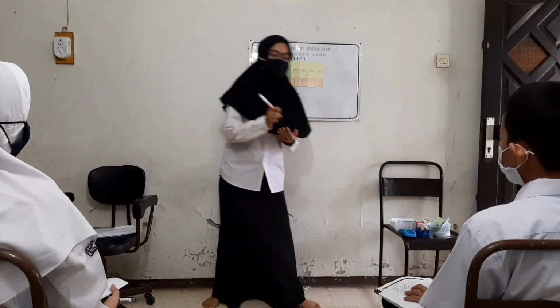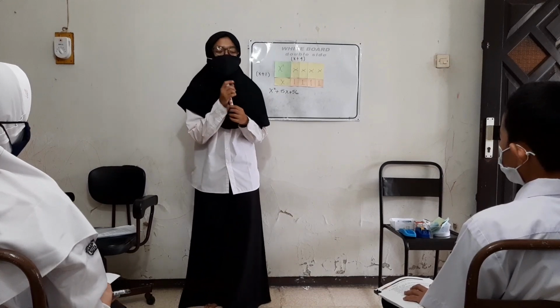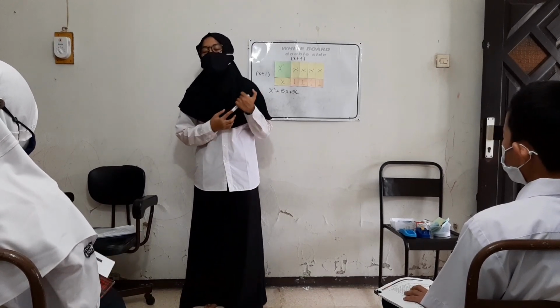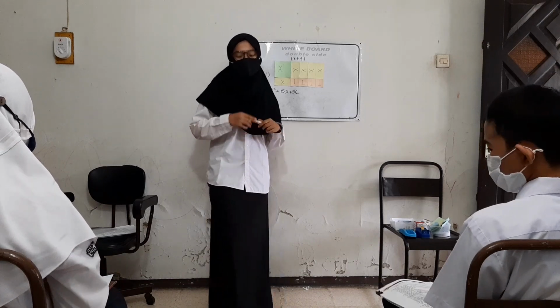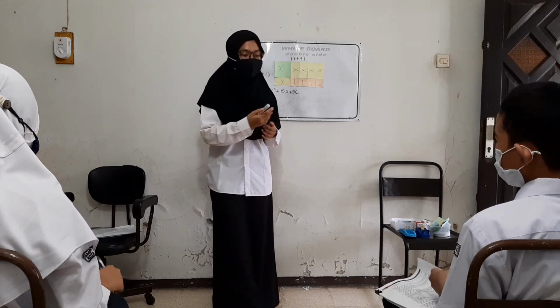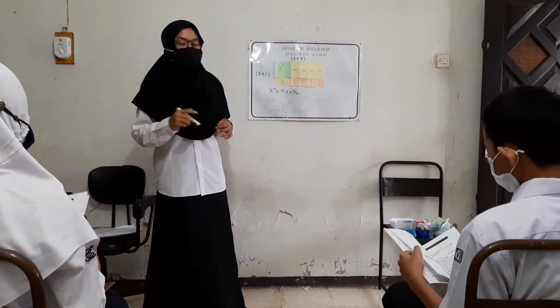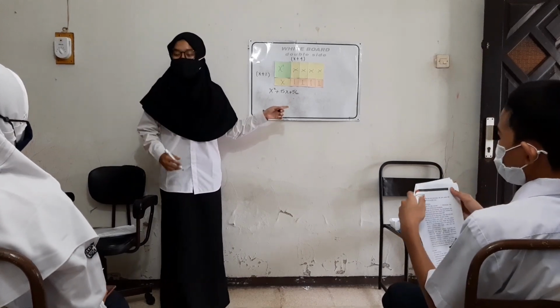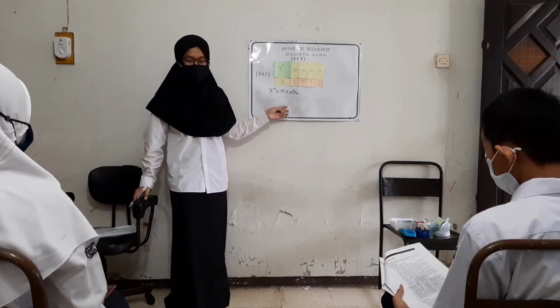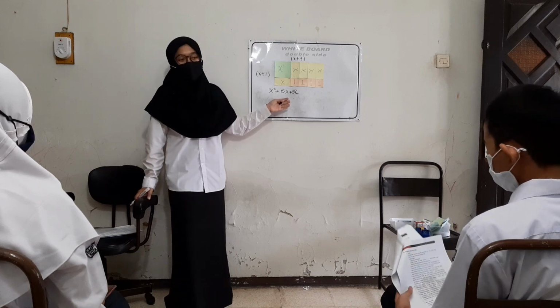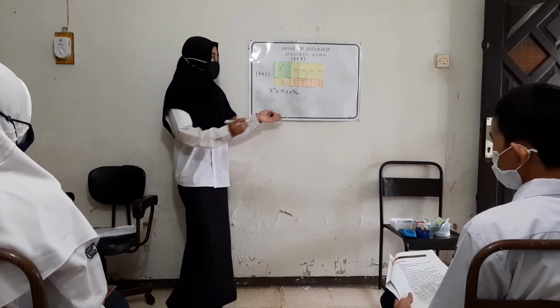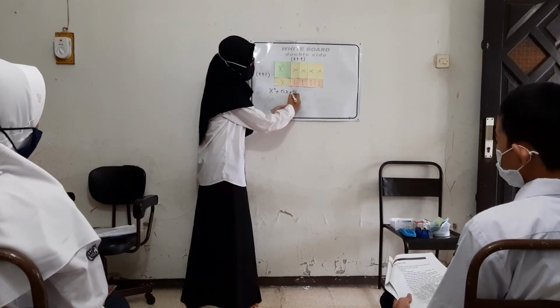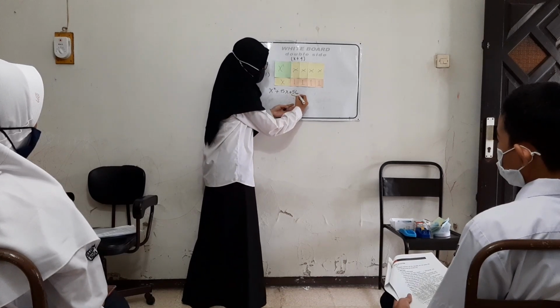And now please open the learning material on page 14. In this section, pay attention to the value of x. The value of x we can get from the factors of this constant.